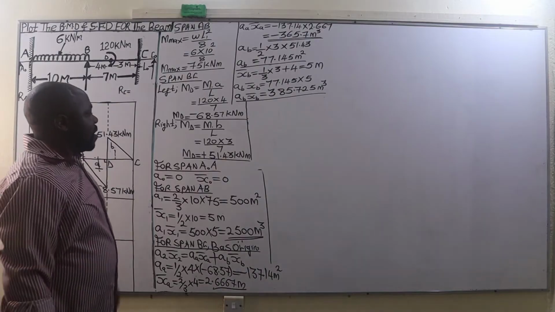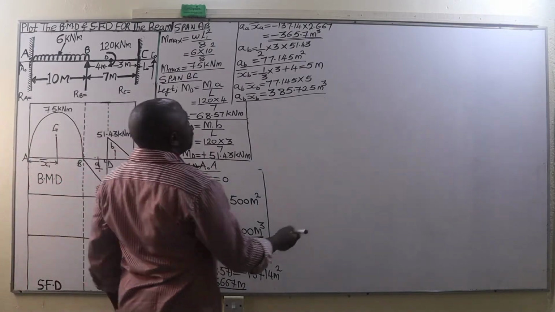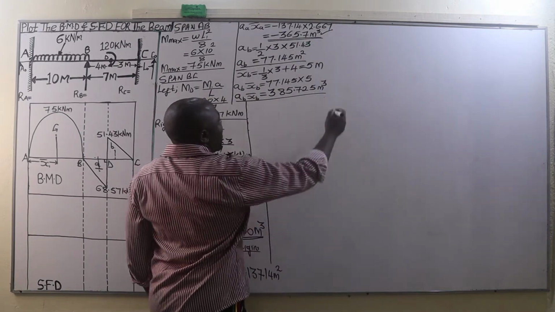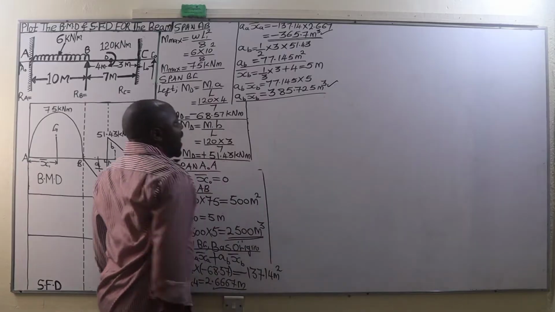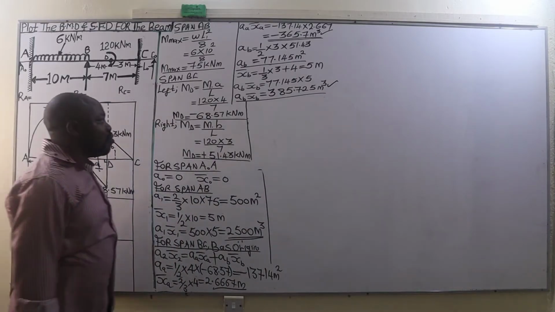Very good. So from there, we are going to add these two, AA bar XA plus AB bar XB, so that we get the value of A2 bar X2.